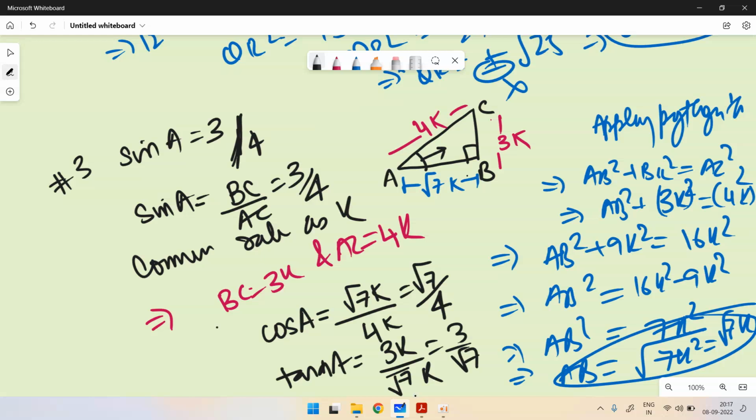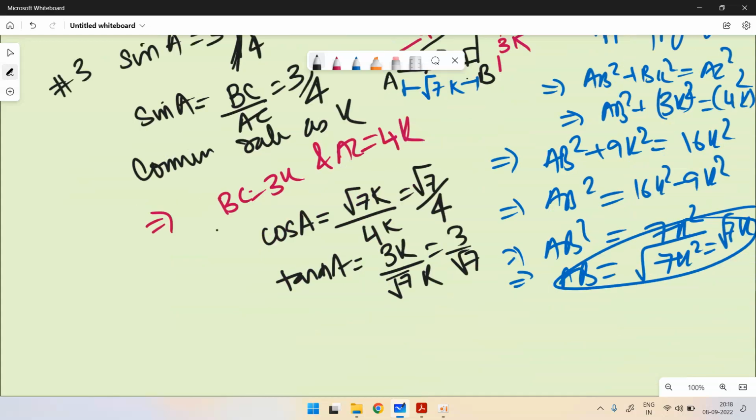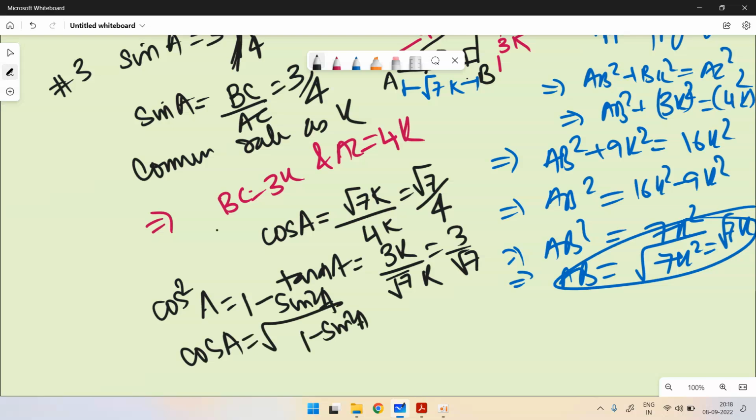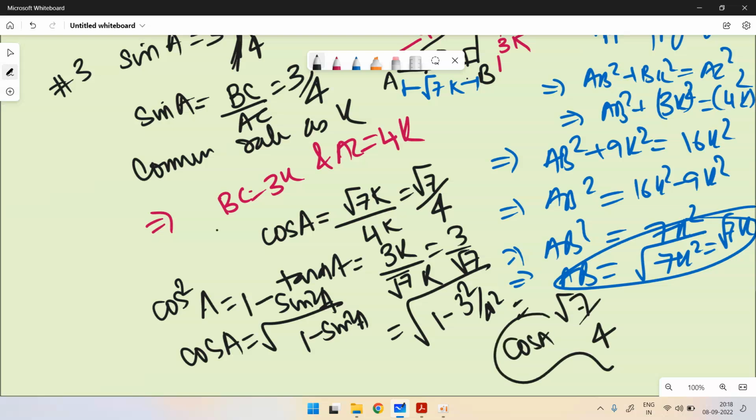There are other methods also. You know that cos square A is 1 minus sine square A. From this you can calculate cos A equals the square root of 1 minus sine square A, which is 1 minus 3 square by 4 square, which is nothing but root 7 by 4. You can directly calculate here that cos A is root 7 by 4.